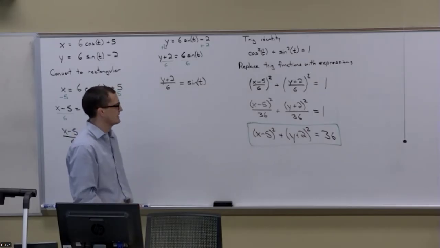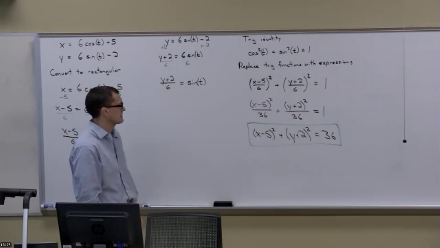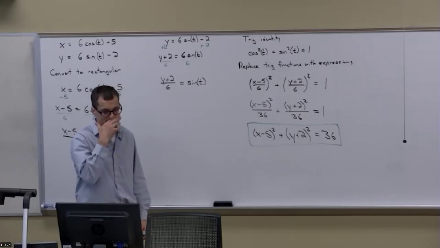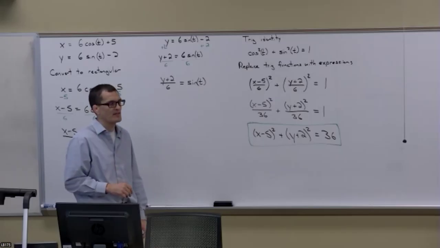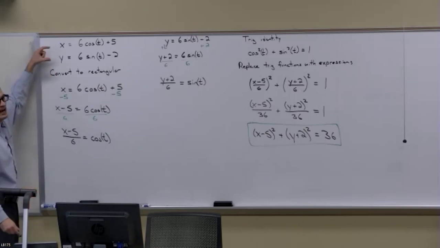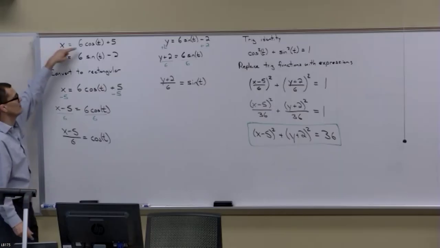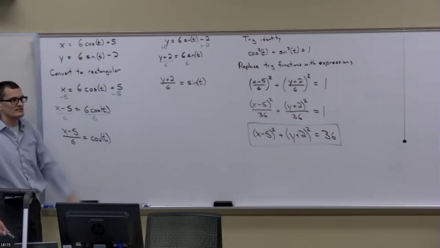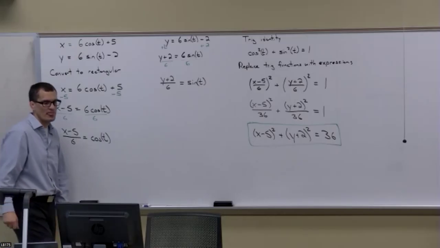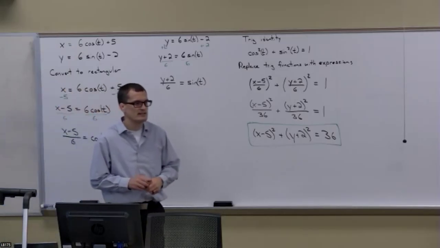That's the circle of radius 6, centered at 5, -2. So notice that we got that from a set of parametric equations involving cosine and sine. Very interesting thing.